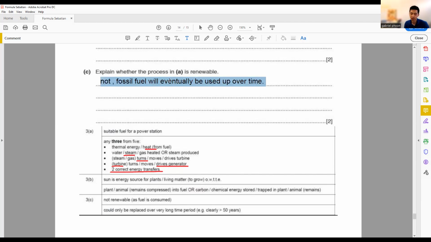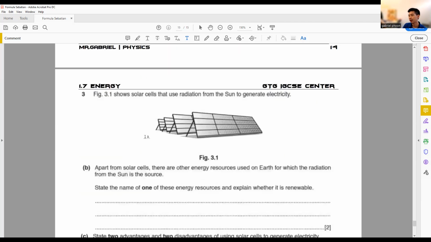Like that. It is not infinite. No, it is not renewable. As fossil fuel will all run out one day. Yeah, that's acceptable. You don't need to write that it will damage, but it's not wrong, it's just not necessary. Okay, do the last one here.